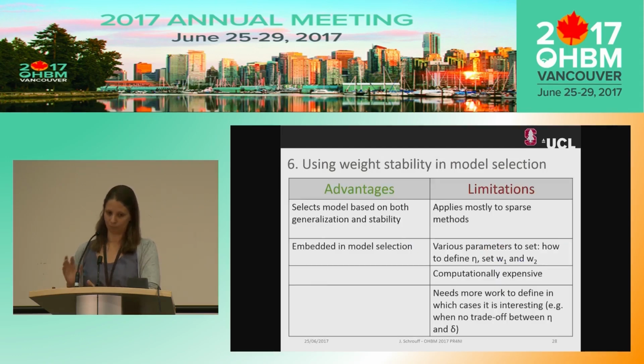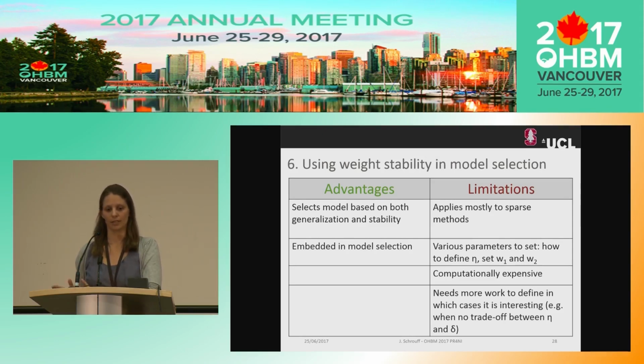So I think that this later version of model selection definitely presents advantages. It's embedded in model selection, it's data-driven, and it selects the model based on two criteria, because if we want model stability, then it's good that we optimize on it. But I think quite some work still needs to be done, based first on what contribution you want to give to those two parameters, how you define stability or interpretability, and which distance you use.